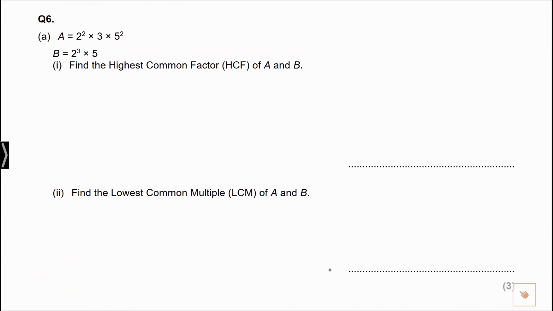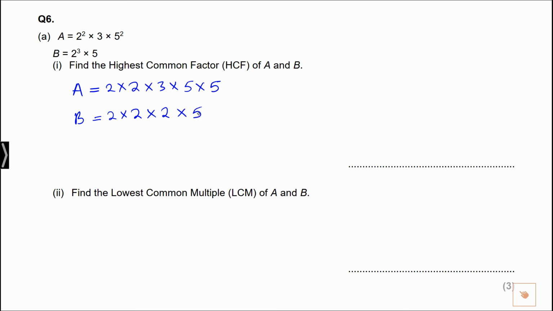Okay, number 6. A is given by 2 squared multiplied by 3 multiplied by 5 squared, and B is given by that. Find the highest common factor. Now, the approach here is that you can write A as 2 multiplied by 2 multiplied by 3 multiplied by 5 multiplied by 5, and then B as 2 multiplied by 2 multiplied by 2 multiplied by 5.